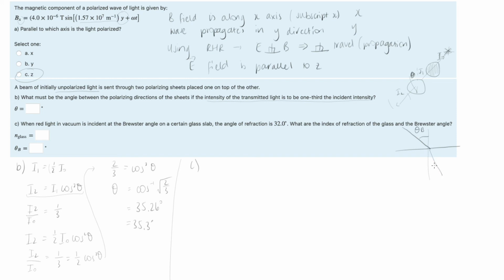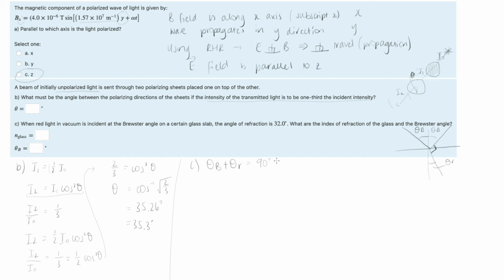We've got some refracted angle here. This is our reflected angle. Now remember, this here has to equal 90 degrees. This, according to the law of reflection, has to be the Brewster angle. Therefore, as per what we found in the lectures, the Brewster angle plus the refracted angle must equal 90 degrees.